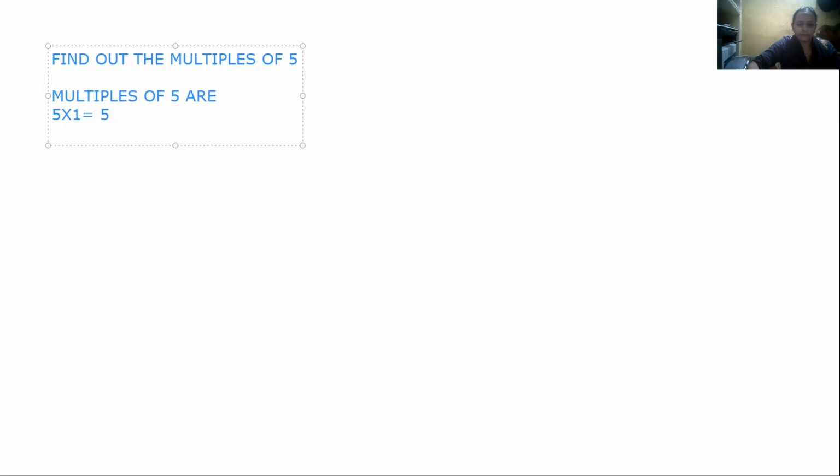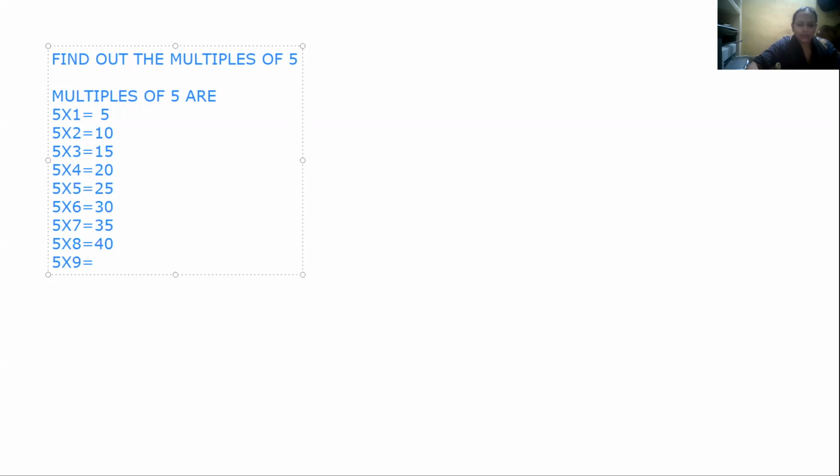5, 5 multiplied by 5 is equal to 25. 5 multiplied by 6 is equal to 30. 5 multiplied by 7 is equal to 35. 5 multiplied by 8 is equal to 40. 5 multiplied by 9 is equal to 45, and 5 multiplied by 10 is equal to 50.